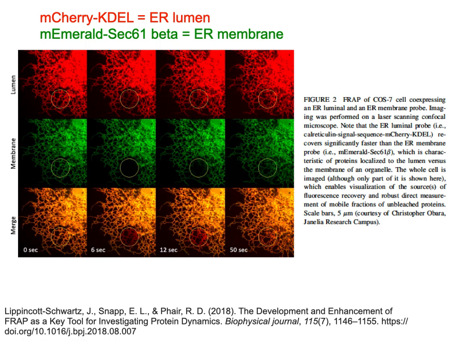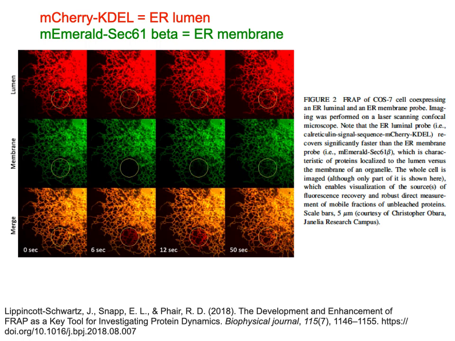So the merge is helpful when we're looking at this recovery, because the recovery is not happening at the same time. We get recovery of our KDEL, our ER lumen, sooner at the 12-second mark versus the ER membrane, the mEmerald. It's taking 50 seconds for recovery to happen.